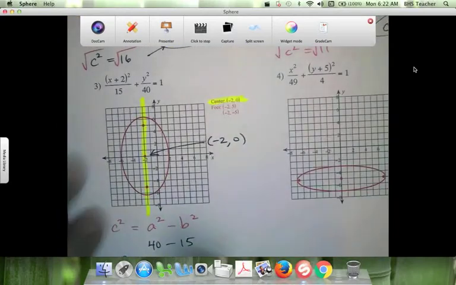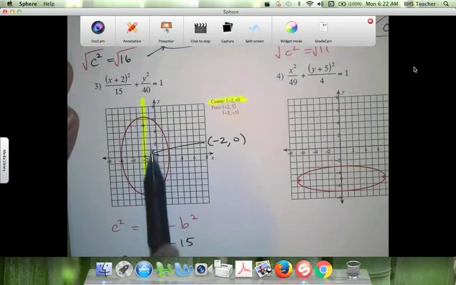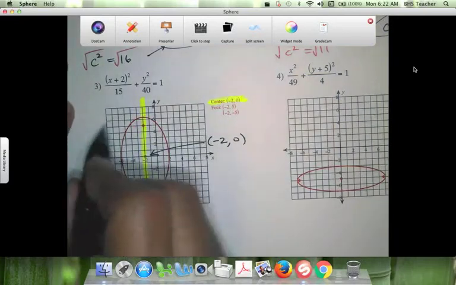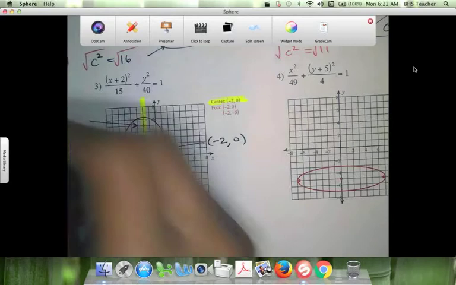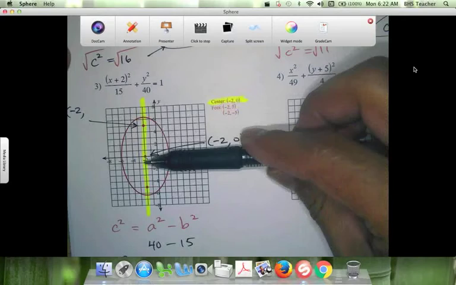Well, for this one here, the foci, see, the x-coordinate does not change. See, this is still the x-coordinate. Even though I'm moving up and down, it's still at x equals negative 2. So for both of these, the x-coordinate is still negative 2. It's the y-coordinate that, see, it's not at 0 anymore.